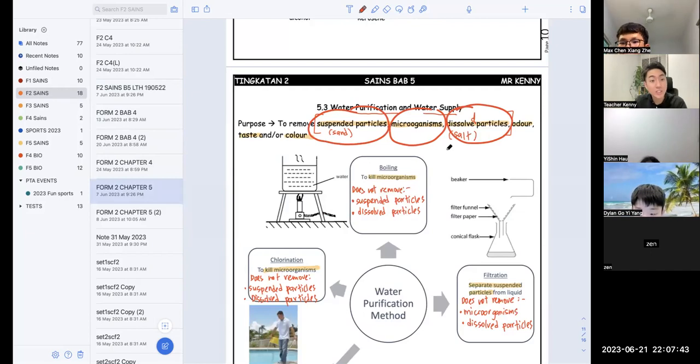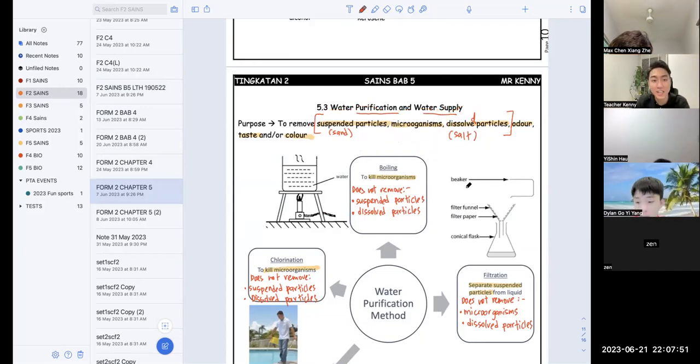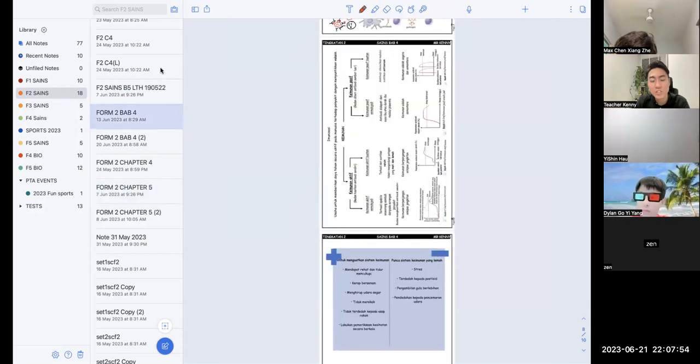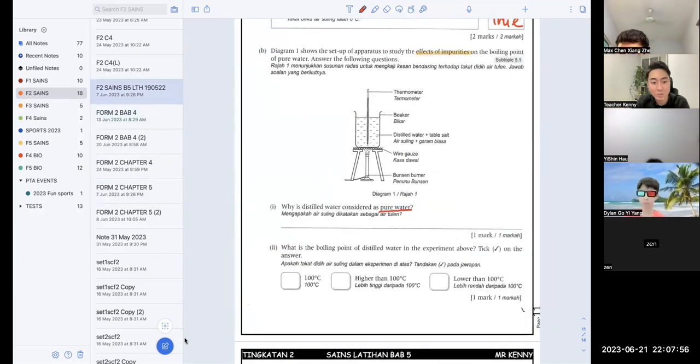So you say distilled water is pure because it doesn't have this, this, this. So that's the answer. It's using the notes and applying into your answers.